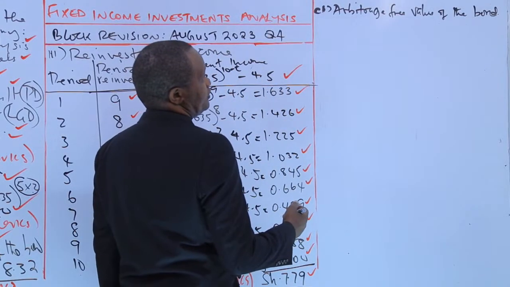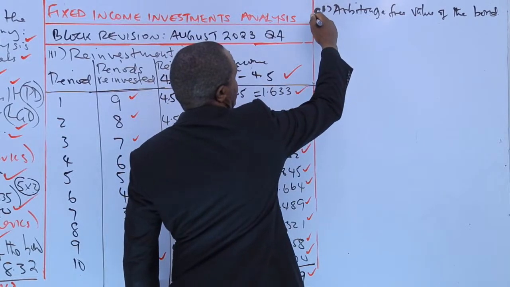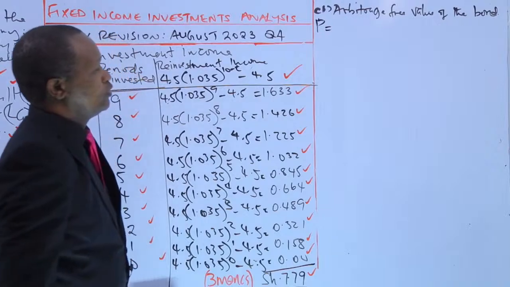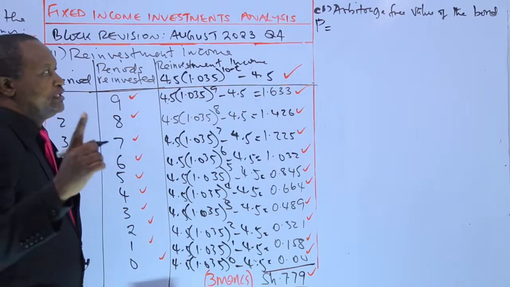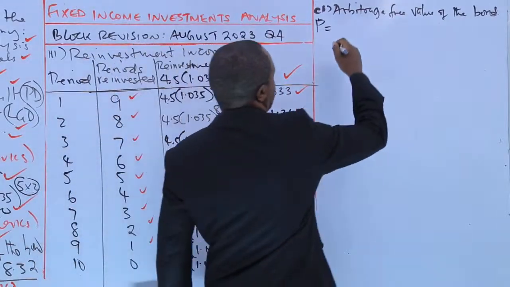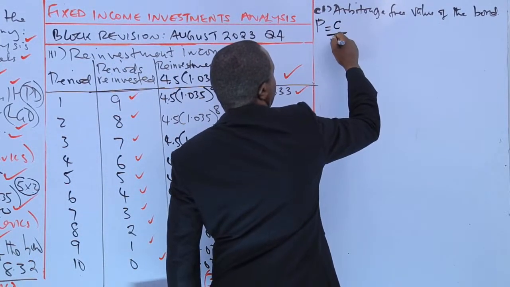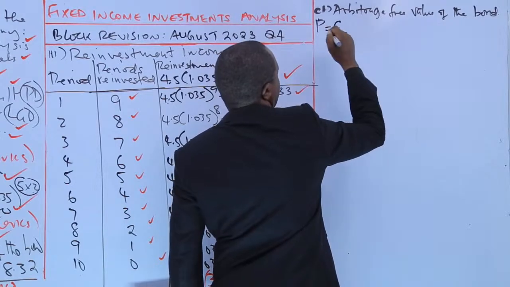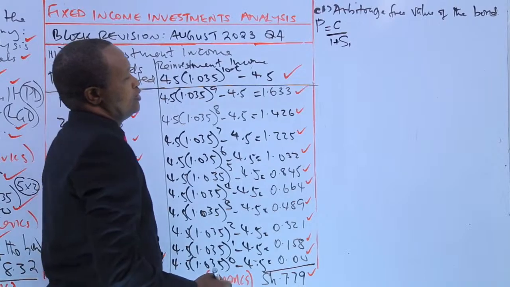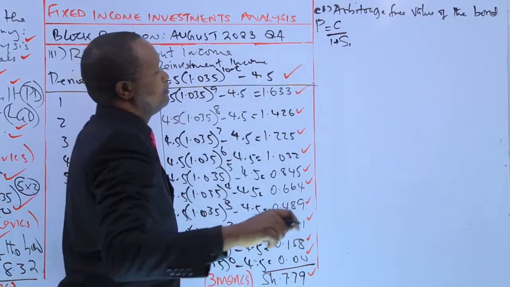The arbitrage-free value of the bond, abbreviated as P, present value, will be equal to the coupon amount, C, over 1 plus S1, where S1 is the spot rate period 1.